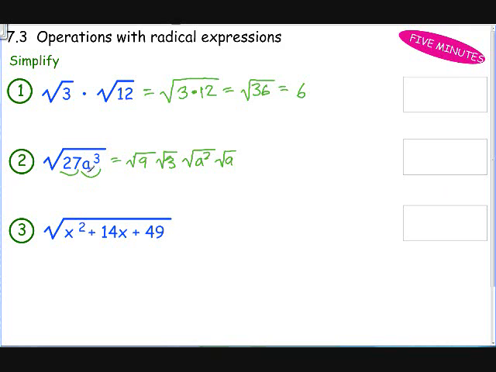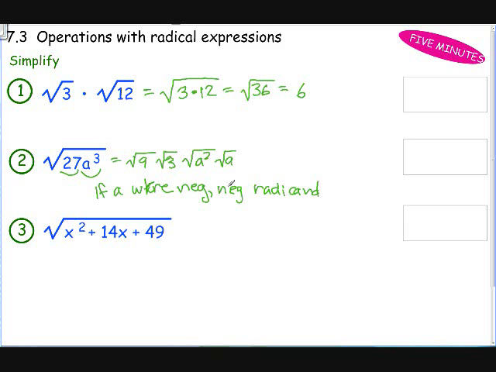Now, let's think about this for a minute. If a were negative, we would have a negative radicand.